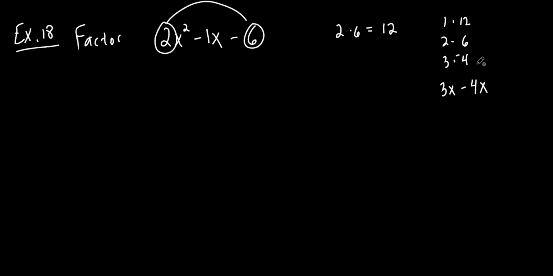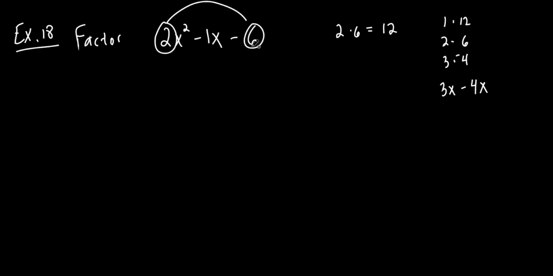Right? Yeah. Okay. So now what we're going to do is we're going to change that negative 1x into what? 3x minus 4x. But this is where sometimes it gets a little tricky. You'd think you'd put just 3x minus 4x, but when I factored, I'd have a 2 and a 3 next to each other. Is there anything in common with 2 and 3? No. So which one do you think I'm going to put first? I'm going to put the 4x because 2 is in common with 2 and 4, and 3 is in common with 3 and 6.